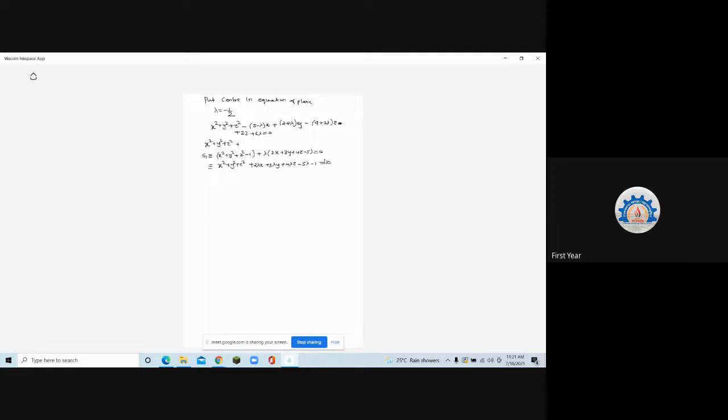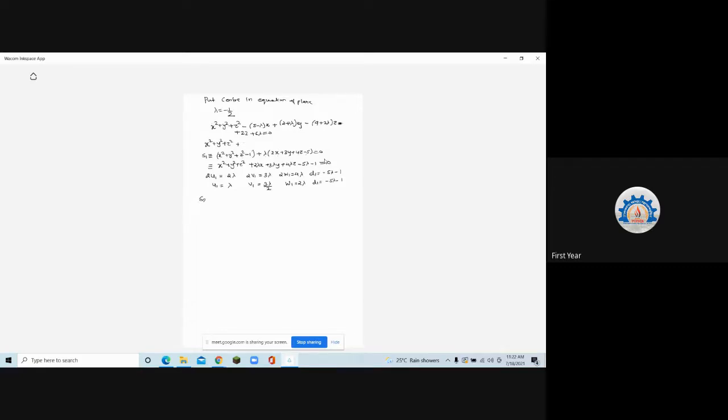So what will be the coefficient of x? 2u होता है ना. 2u1 is equal to 2 lambda, 2v1 is equal to 3 lambda, and 2w1 is equal to 4 lambda, and d1 is equal to minus 5 lambda minus 1. So u1 क्या हुआ? Lambda. v1 क्या हुआ? 3 lambda by 2. w1 is 2 lambda and d1 is minus 5 lambda minus 1.